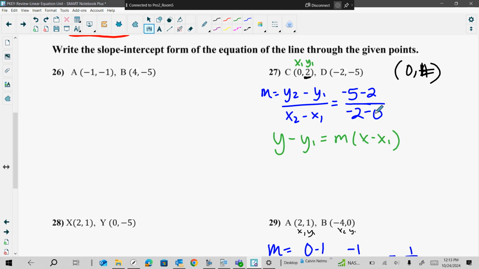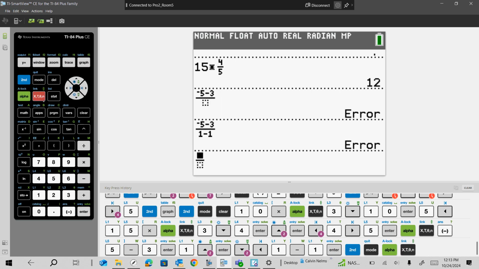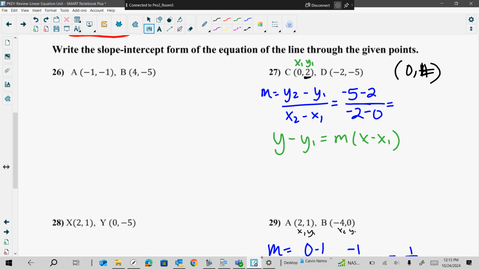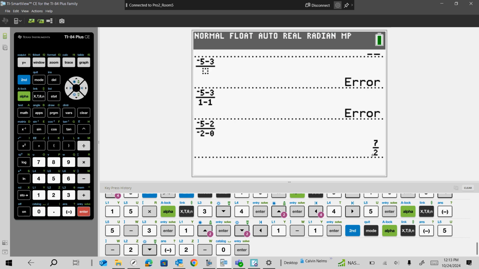You can put that in the calculator and get your simplified slope. Like I can go to alpha y equals -5 minus 2 on top, and then on the bottom was our -2, 0. And then hit enter, and it reduces to 7/2.